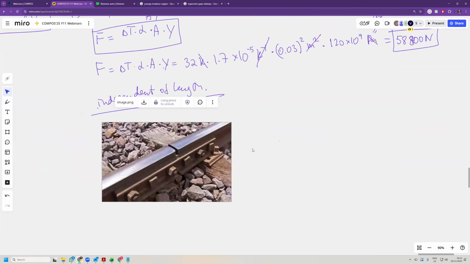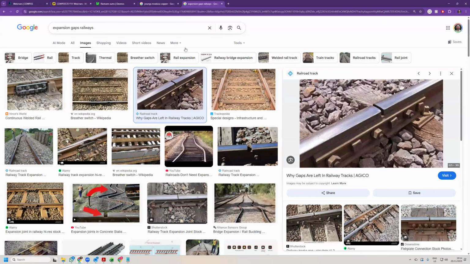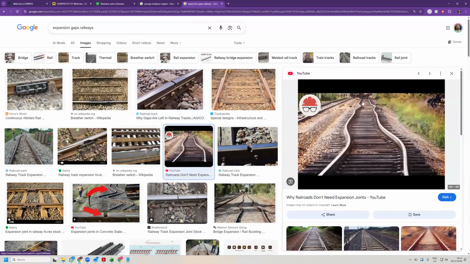Why so? Because in the summer, the rail becomes longer. In the winter, the rail becomes shorter. And you need to leave a gap for that expansion. Otherwise, the rails would go wobbly because they would become too long.